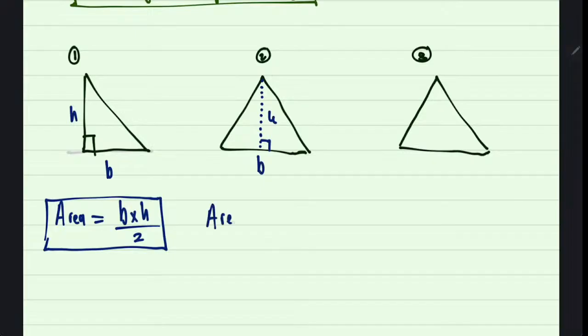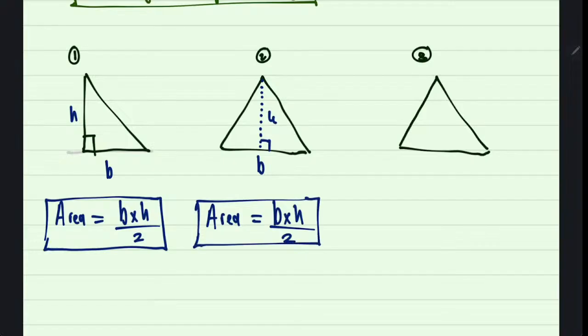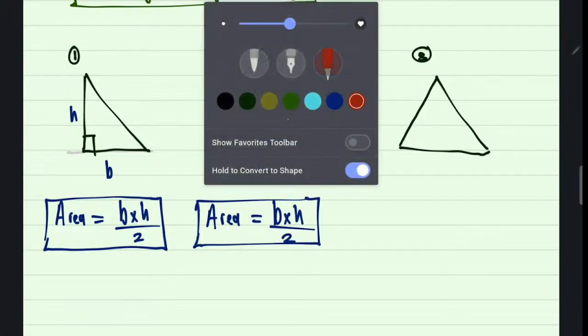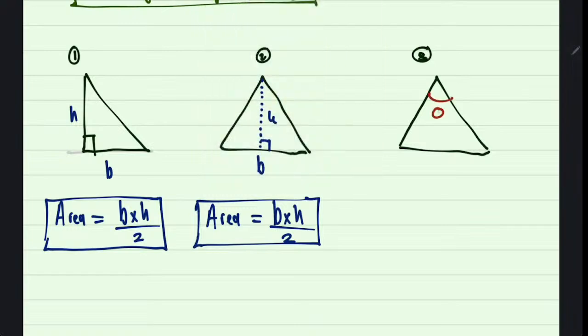And if they ask you for area, again, you say base times height over 2, because you have the base and you have the height. Are we together, students? Then, for this one where they give you theta, remember this one has a right angle. So for a triangle with a right angle, getting area is so easy. This is the easiest. It's just base times height over 2.